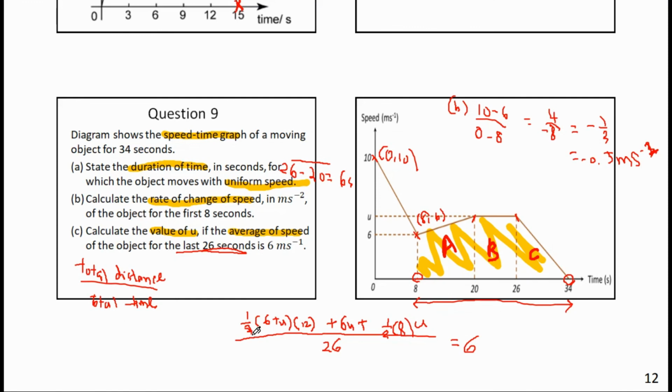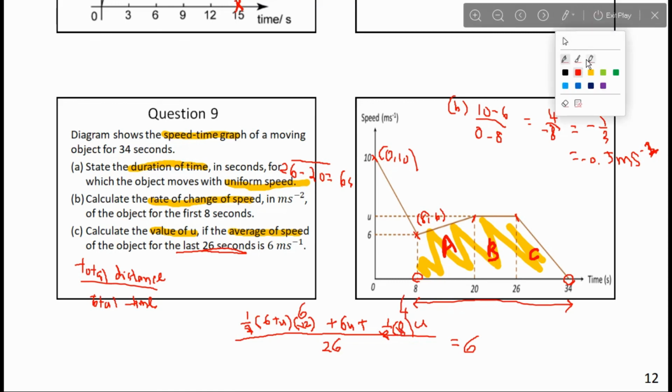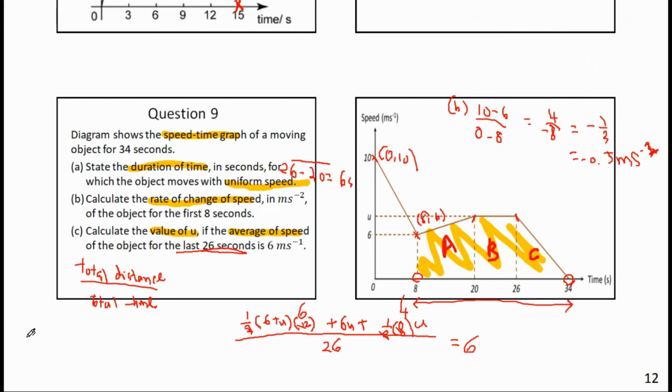So, simplify this to 6 plus U, then 4U. After that, multiply out. So 36 plus 6U plus 6U plus 4U equals 6 times 26.